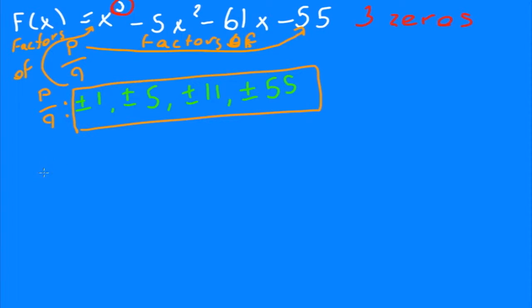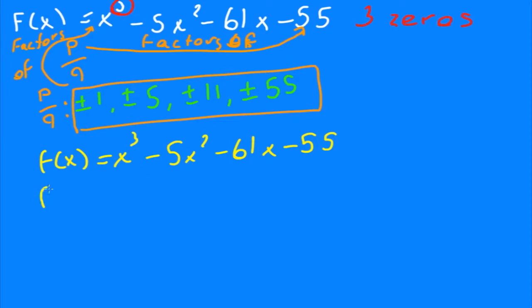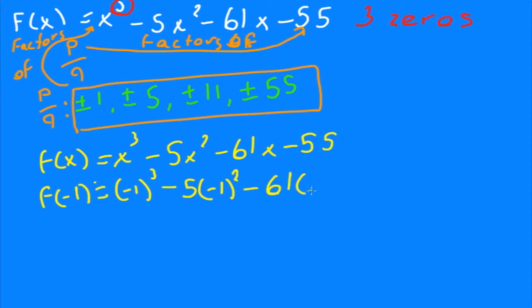It's going to be f of x equals x cubed minus 5x squared minus 61x minus 55. So f of -1, which is the number I picked from here, equals -1 cubed minus 5 times -1 squared minus 61 times -1 minus 55.